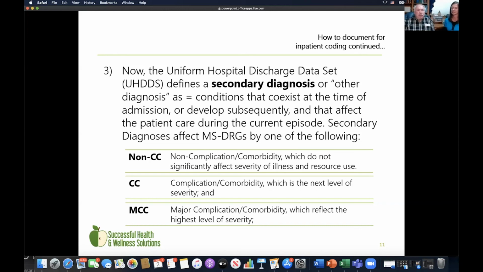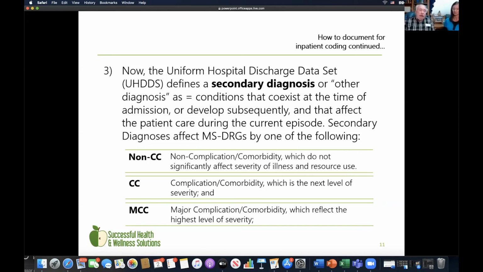That second level is your CCs, which is a complication or comorbidity, which is the next level of severity. And then your MCCs, which is your highest level, is a major complication or major comorbidity, which reflects the highest level of specificity. So we call this they're either bifurcated or trifurcated according to the level of severity.